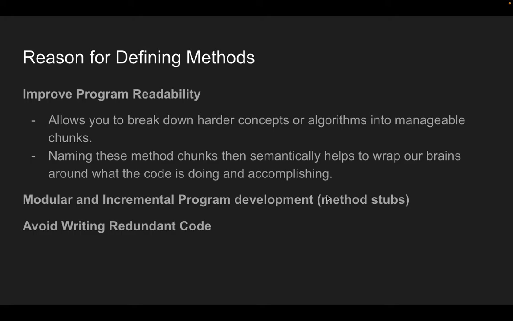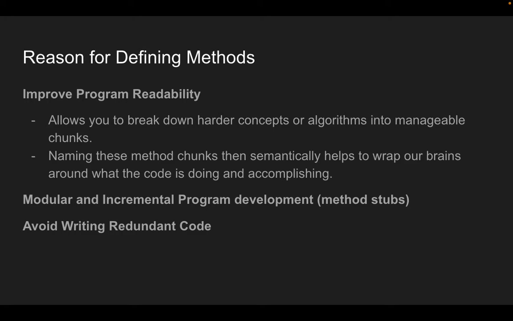It allows you also to break down harder concepts. So I said this a minute ago, that when you define your method, it really should only do one thing, and it should do only that one thing well. The reason is that when you have really hard algorithms to write, you don't want to write this huge algorithm inside of your code when you know that certain parts are going to have to be repeated.